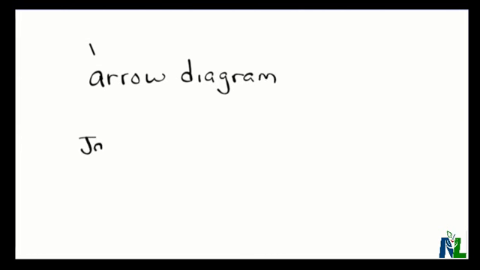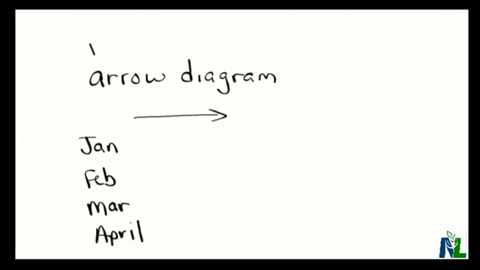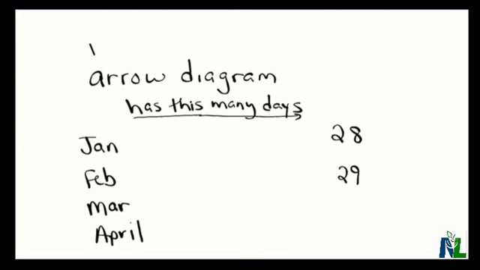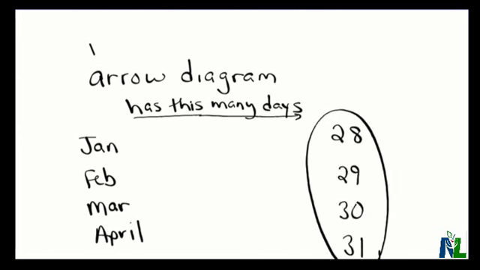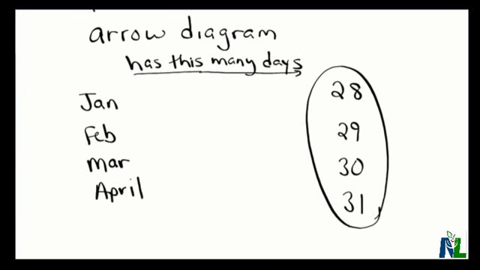So if I have all my months listed, we would show how they relate as this many days. And how they're going to have 28, 29, 30, or 31. So these are the number of days and our months, and I won't include them all, but they would go all, of course, all the way down to December.